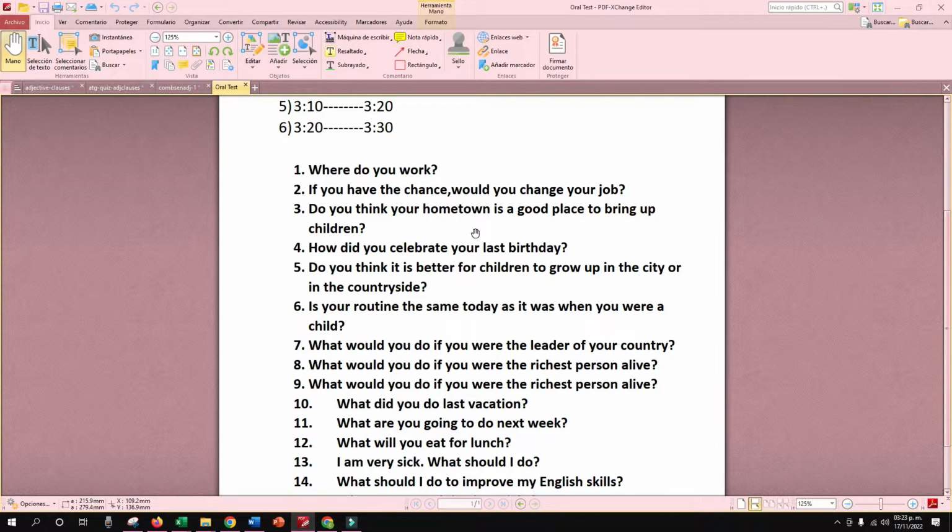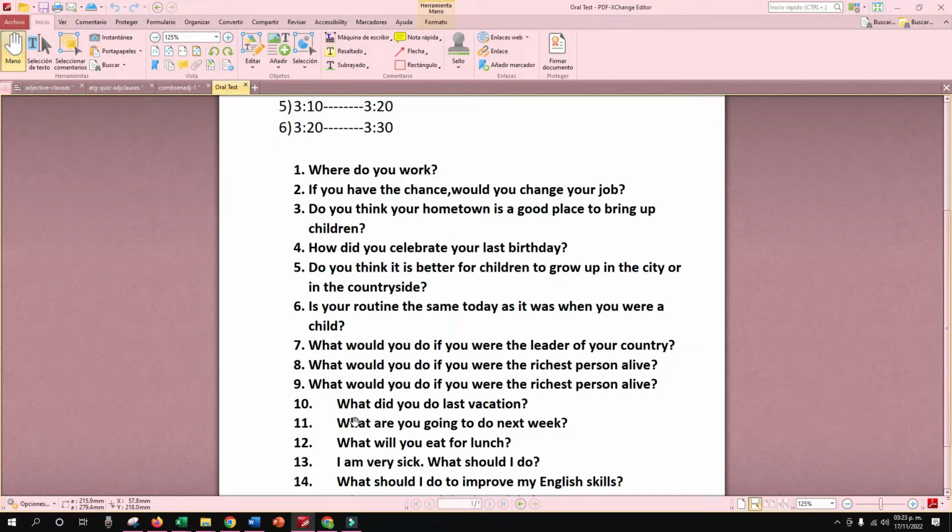Pueden ser random, puedo elegir la número 3, la número 5, preguntarle la 10. Entonces usted tiene que estar preparado para contestarlas. Les voy a dar la lista para que ustedes vayan practicando una respuesta. Pueda que una de estas preguntas dé para más preguntas, y yo pueda seguirle preguntando.